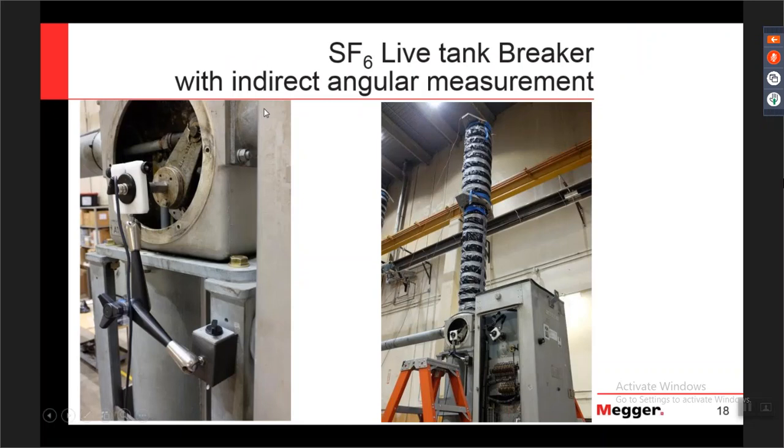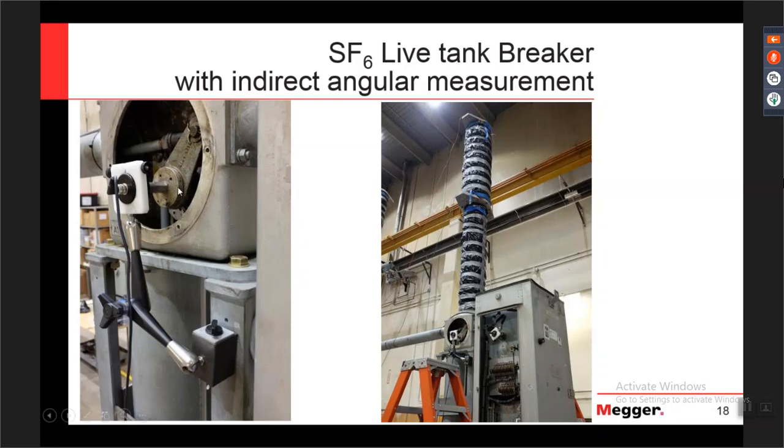Now on to indirect angular measurement. You see the transducer here is located. The operating mechanism is here. From the operating mechanism, you have a rod going from the neck into this gear house.